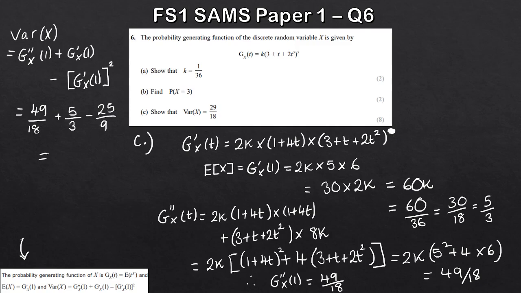We should get 29 over 18. But I'll quickly do it just to make sure I've got the same here. Yeah, perfect. We get 29 over 18. And there we go. So that's exactly what we wanted to show. So we've shown that. I'm happy.